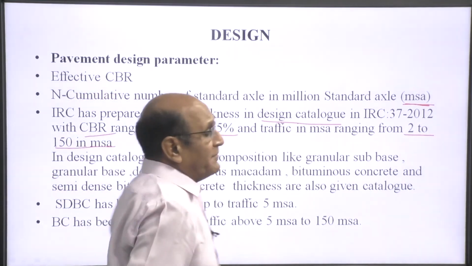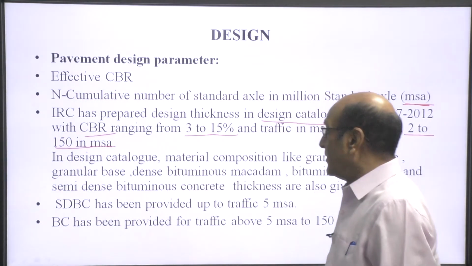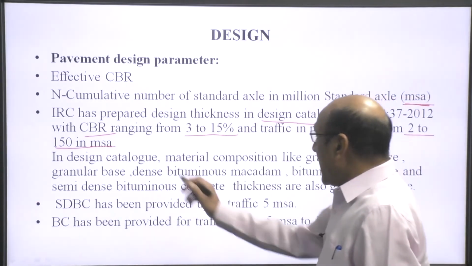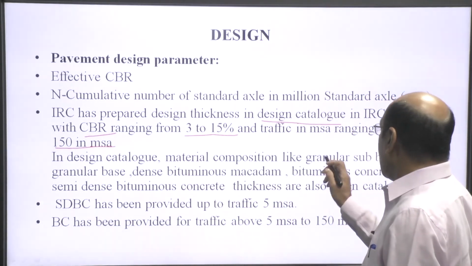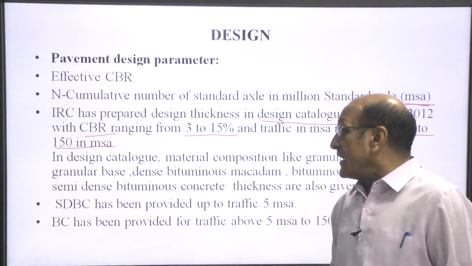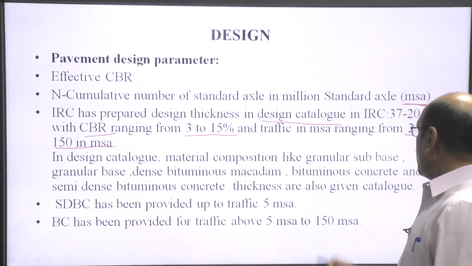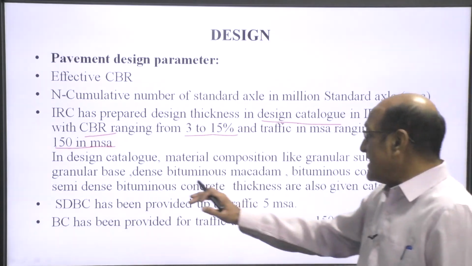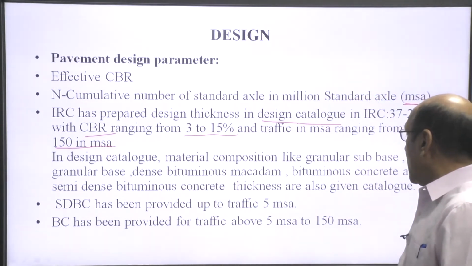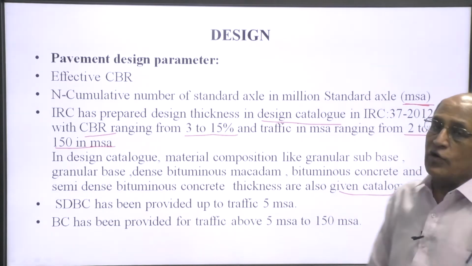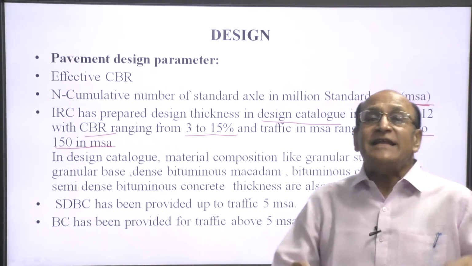In the design catalog, material composition like granular subbase, granular base, dense bituminous macadam, bituminous concrete and semi-dense bituminous concrete thickness are also given. So, it is a ready reckoner.